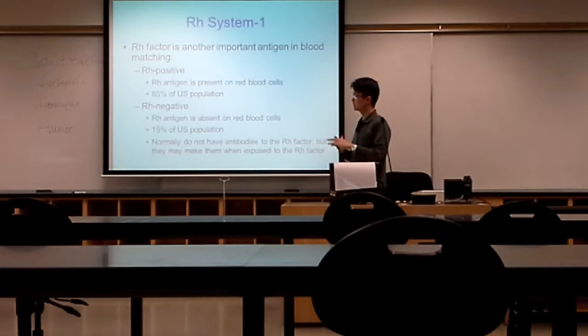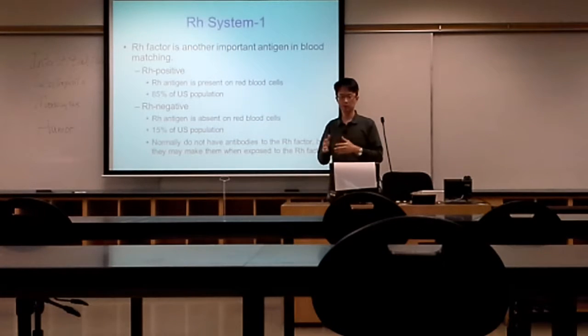The Rh factor is something that I would like to talk about as well. We have Rh positive and Rh negative. First of all, whether a person is positive or negative follows Mendelian genetics, so it is inherited.